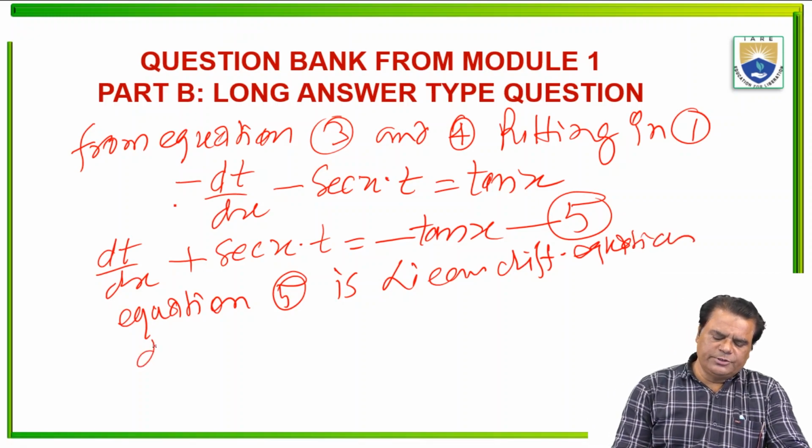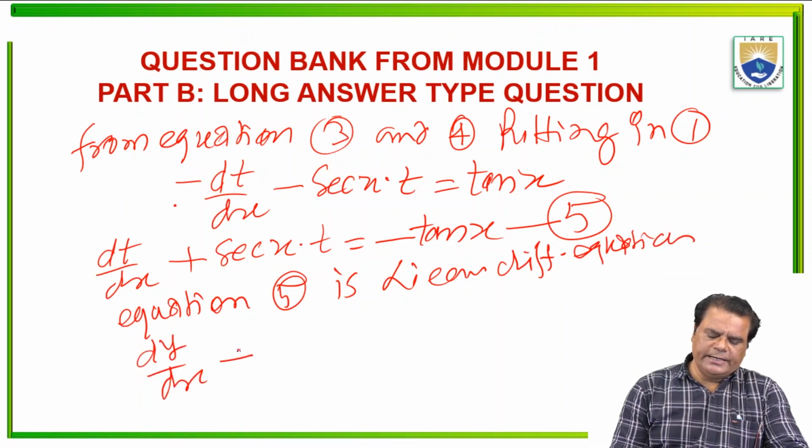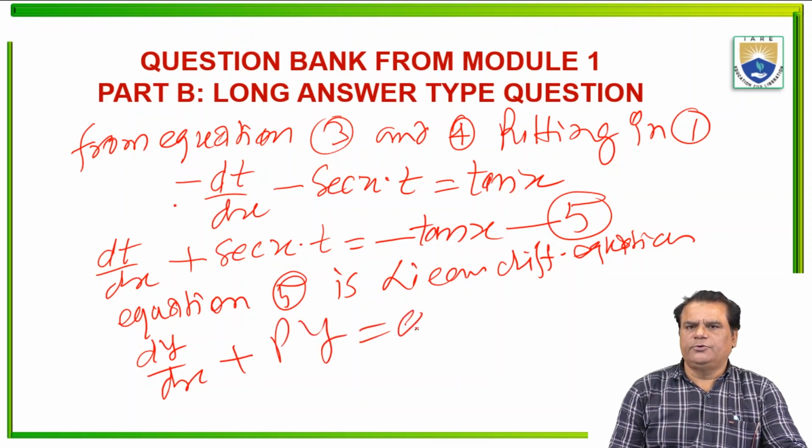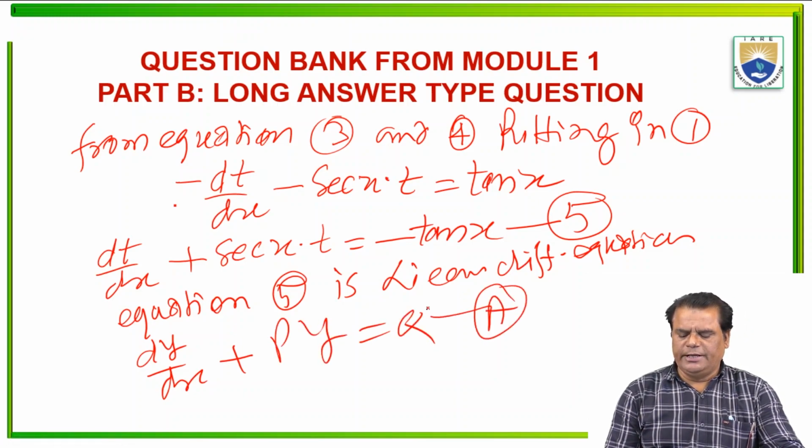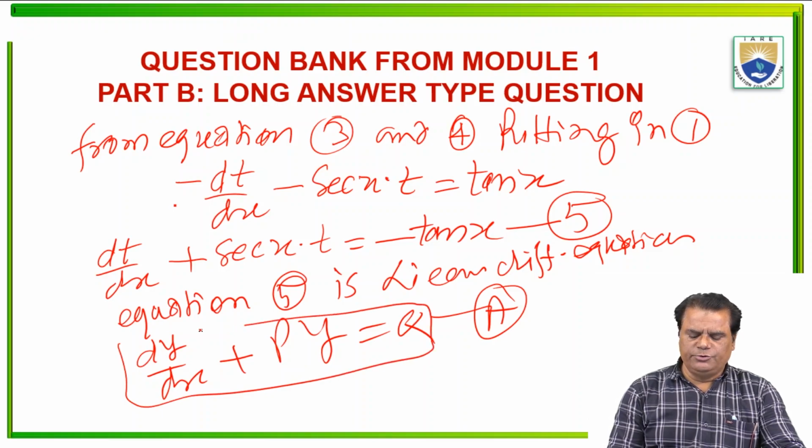So the general equation is dy/dx plus Py equal to Q. This is the general equation A, the general linear equation. This is the given question.